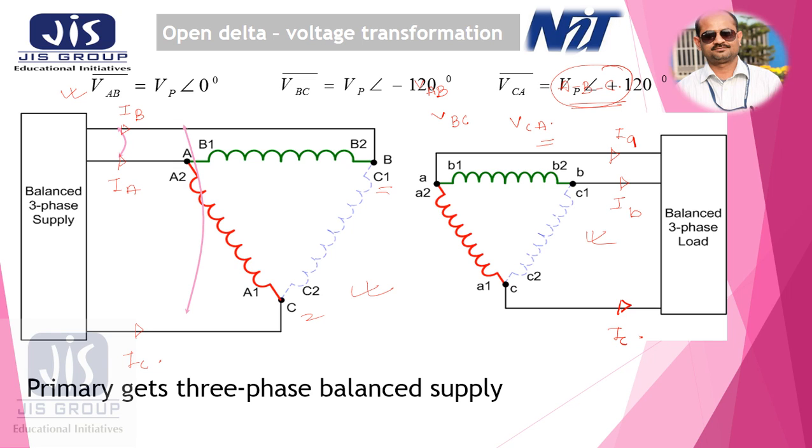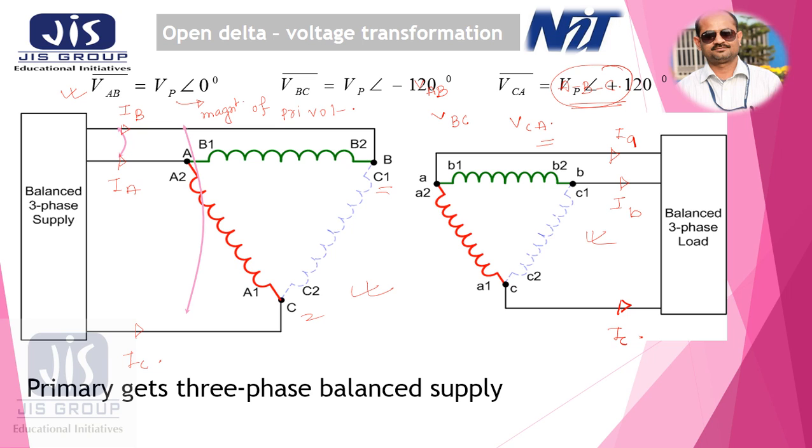We know this from our basic concept. And here VP is the magnitude of the primary voltage.